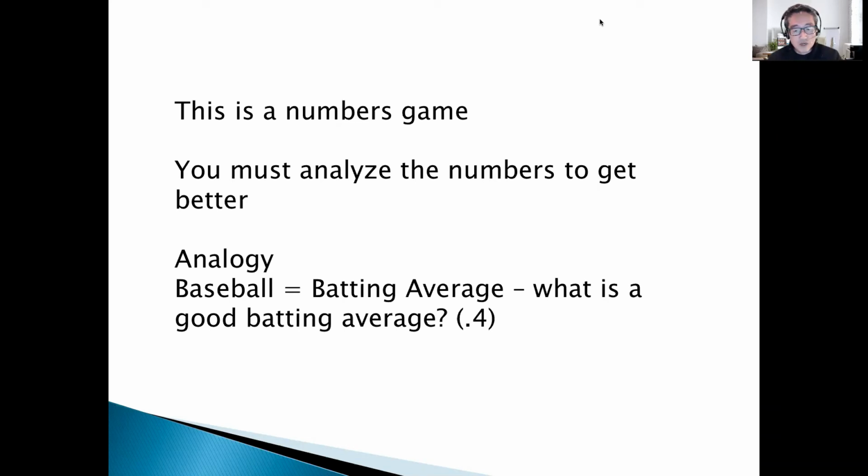And so, this marketing, okay, at the very beginning, when you're first starting out, this is all a numbers game. This is numbers, numbers, and you must analyze the numbers to get better. The best analogy I could think of is in baseball, the batting average. For those that don't know baseball, I'm not a baseball fan. When I watch it, I'm not fanatic about it.